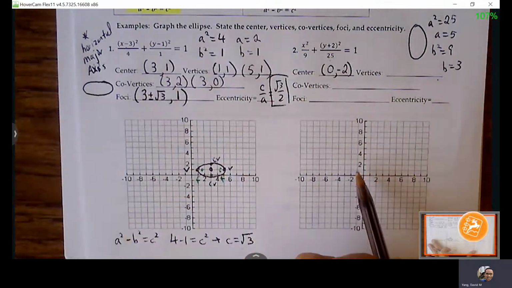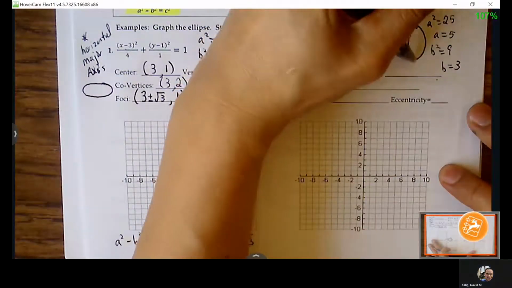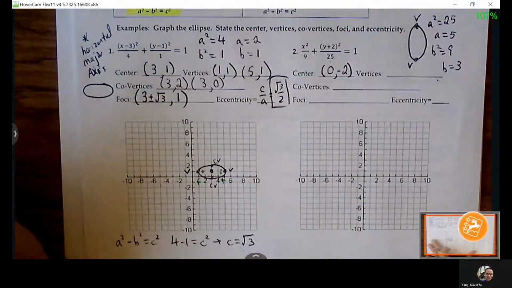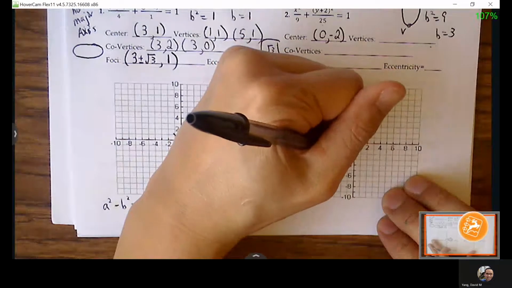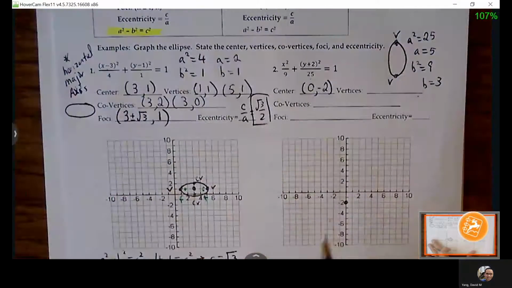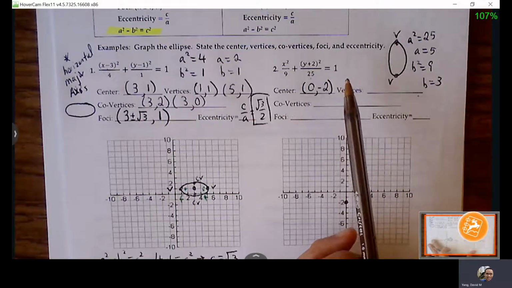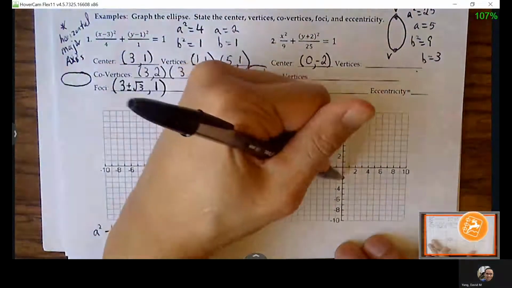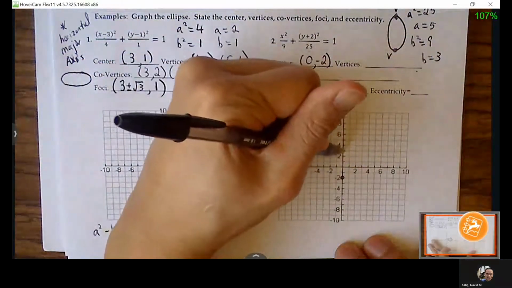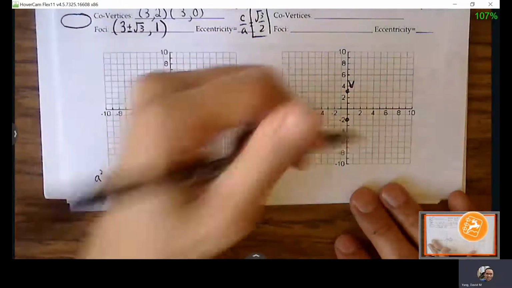Okay, so starting at the center, 0, -2, you're going to count up and down 5 units to get to your vertex. My a value is 5. My a is below the y, so that's going to remind me to count up and down. Go ahead and label V for vertex.